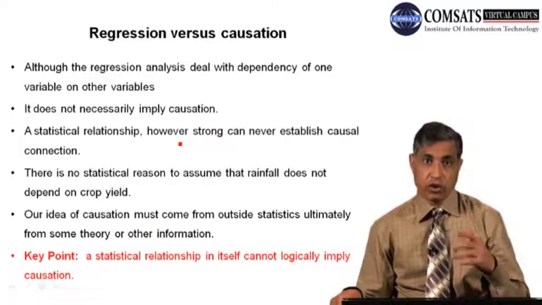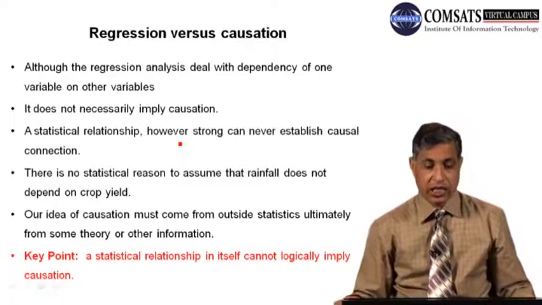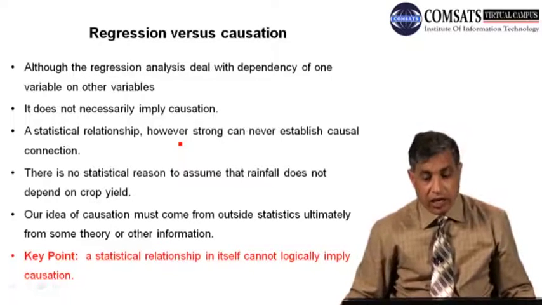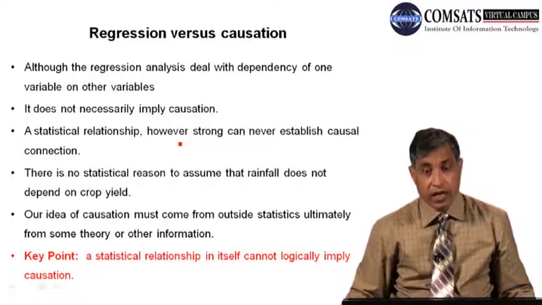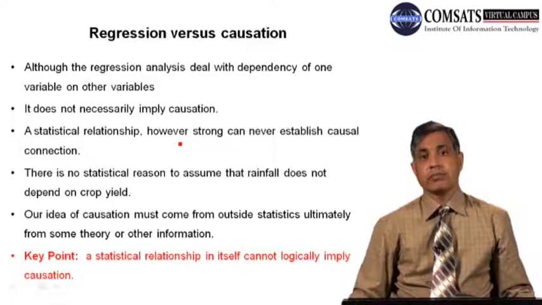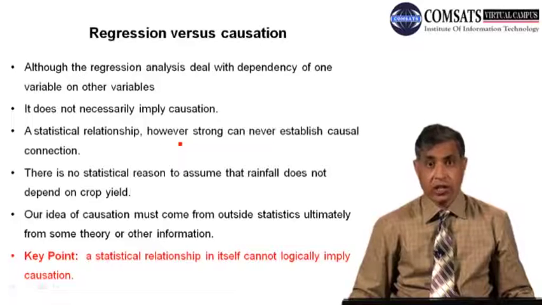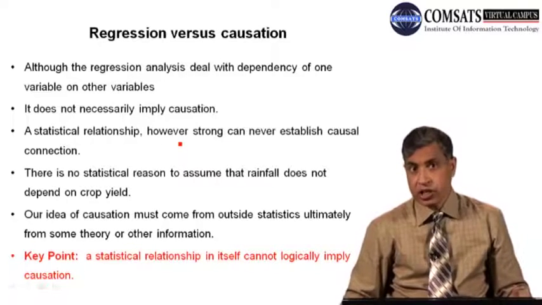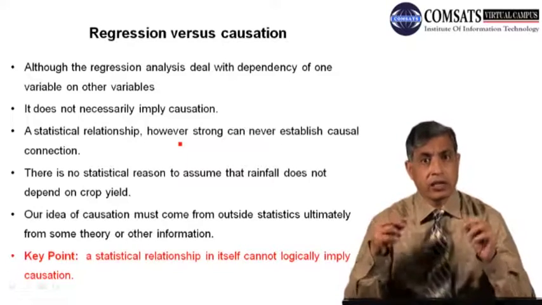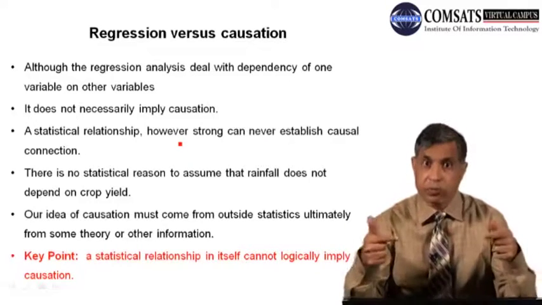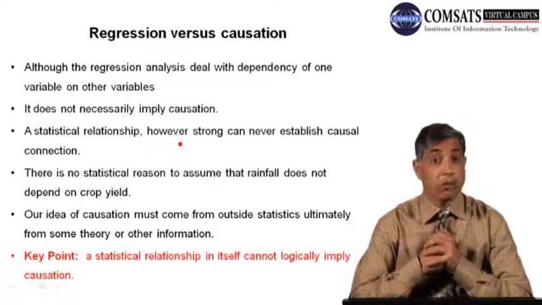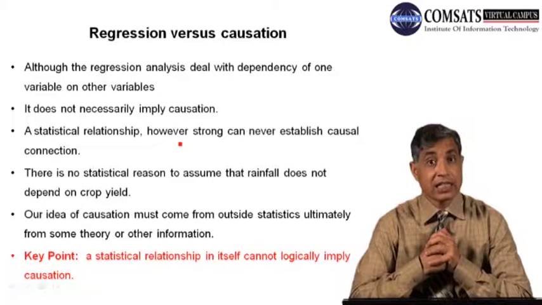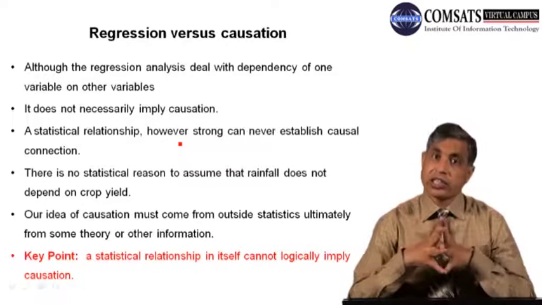So you should remember the key point here. A statistical relationship in itself cannot imply causation. Very, very interesting remark: there may be a very, very strong statistical relationship, a dependency between the variables, but you can't say that this is a causality.